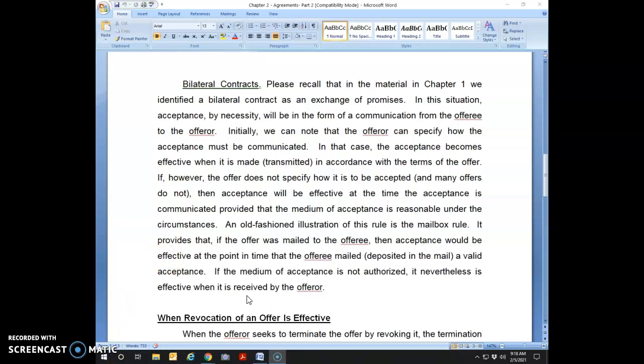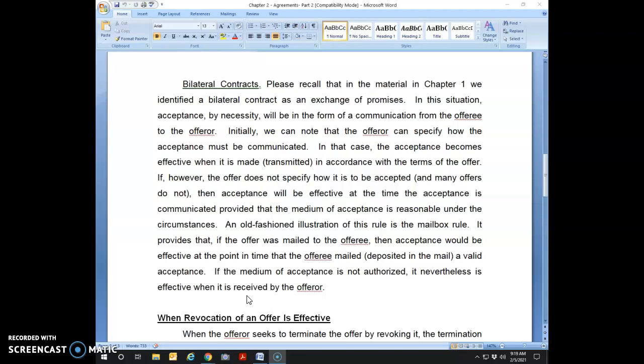If in this latter case the offeree does not use a reasonable method of acceptance, or uses a method or medium not called for in the offer, the acceptance will nevertheless become effective when it's received by the offeror.